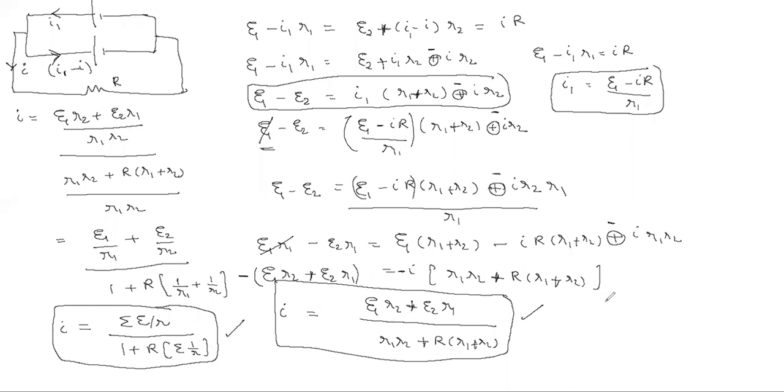Again, instead of going to the next page, I am writing here. In that equation, sigma E by R is the numerator, divided by sigma 1 by R. Numerator and denominator are divided with whom, Nana? Sigma 1 by R. Denominator is also divided by sigma 1 by R. Means I will get 1 by sigma 1 by R plus capital R. Is it right?